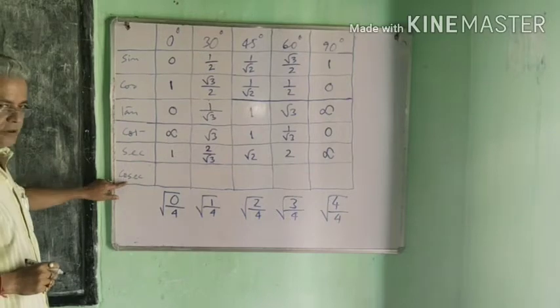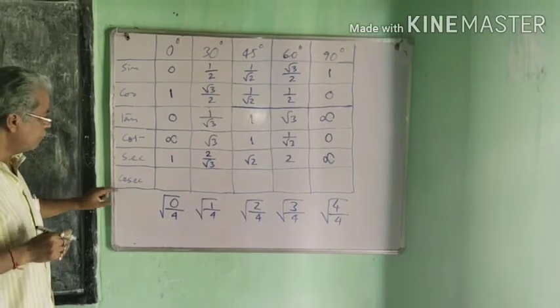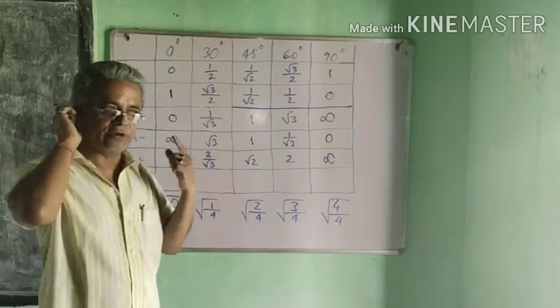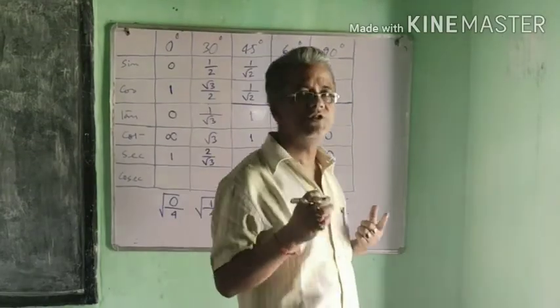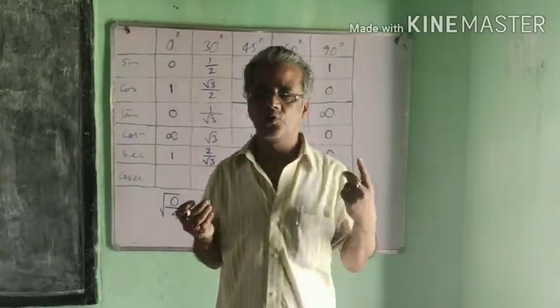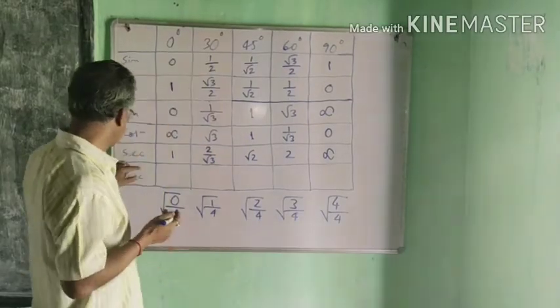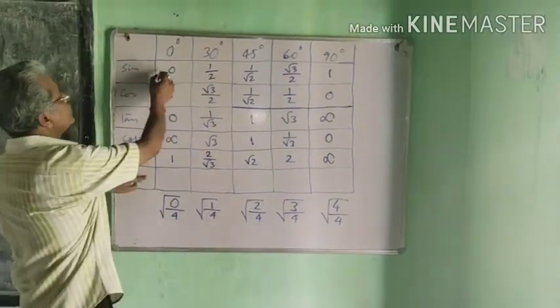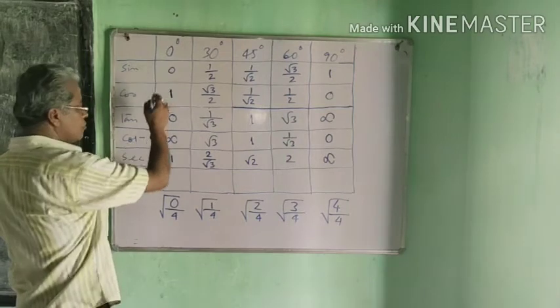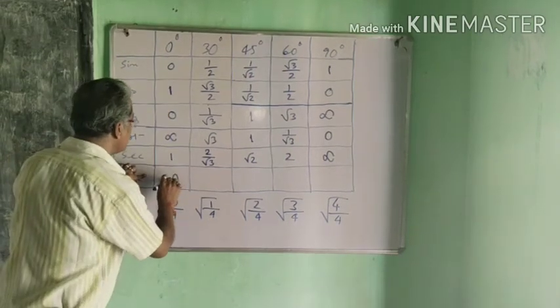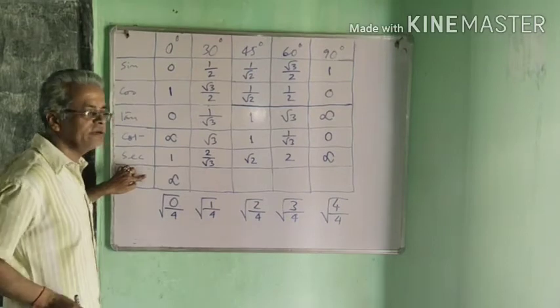Then cosecant. We know cosec is the reciprocal of sine. So cosec 0 degree will be 1 by sine 0 degree, that is 1 divided by 0. 1 divided by 0 is meaningless. We have written that.